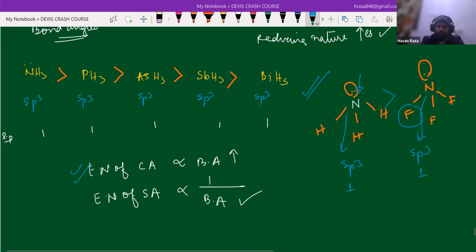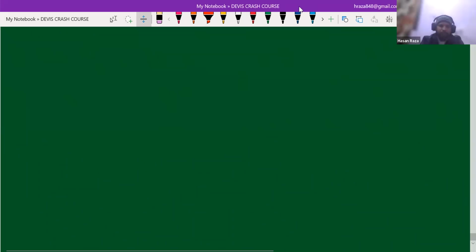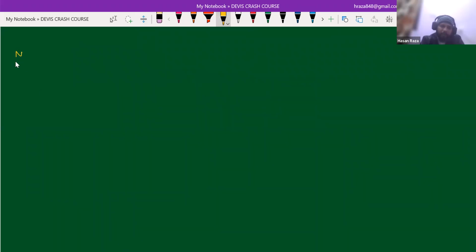Now we are going to talk about the melting point of group 15, 16 and 17. For group 15, BiH3 will have the highest melting point, then comes NH3, after this SbH3, then AsH3, and the least melting point is PH3.